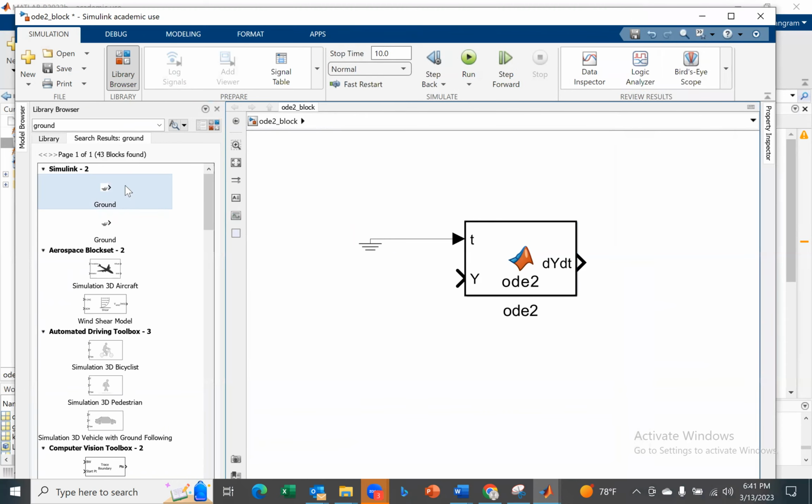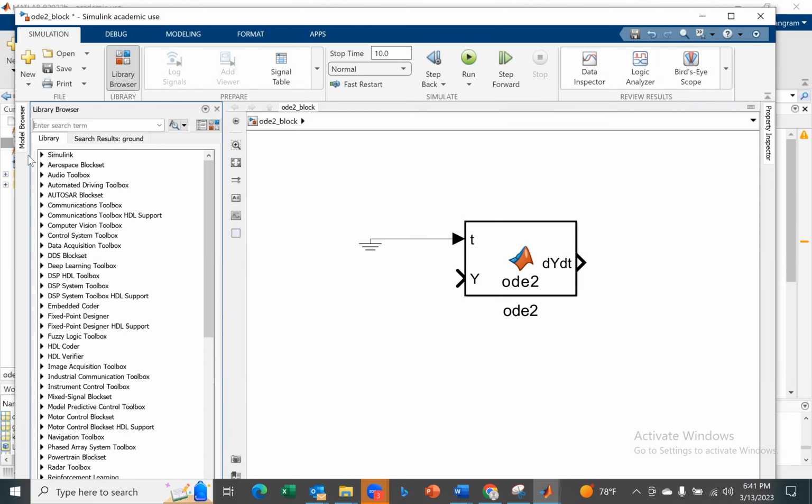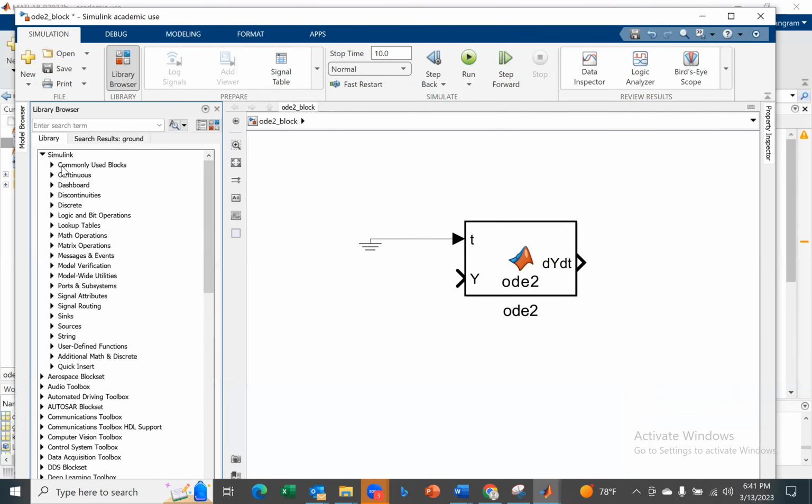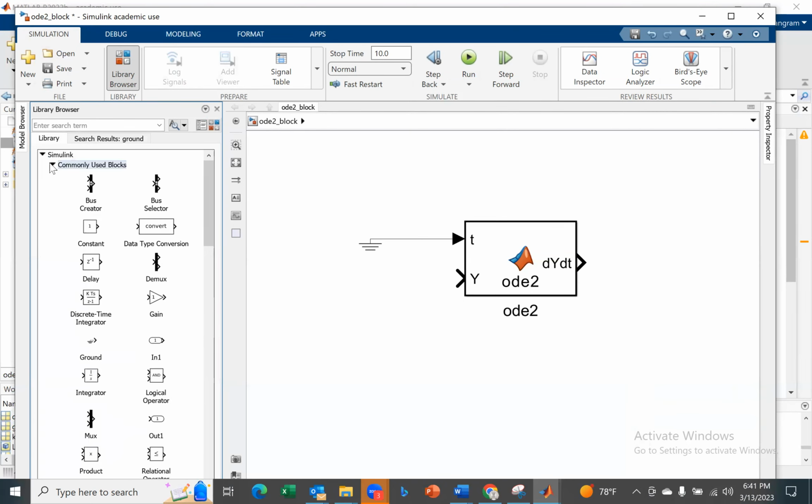Then what you want to do is go on to integrator. So go to library, Simulink, commonly used blocks. And then I want you to go to integrator. Grab the integrator from here.